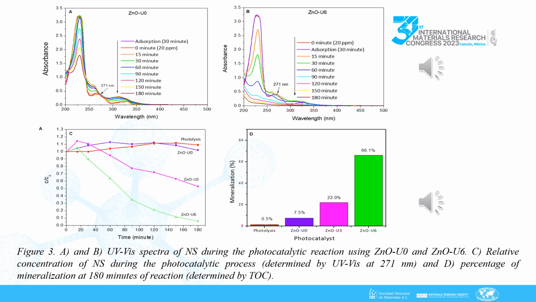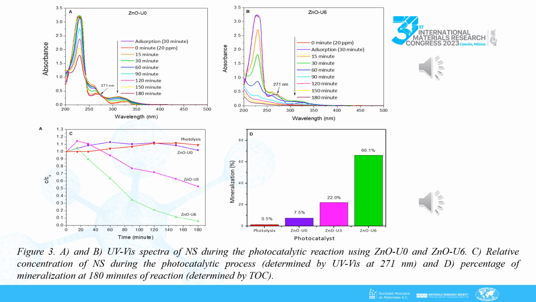When the photocatalysts synthesized with urea are used, the naproxen sodium concentration decreased considerably. Then the material zinc oxide urea 6 is the one that presents the highest photocatalytic activity.